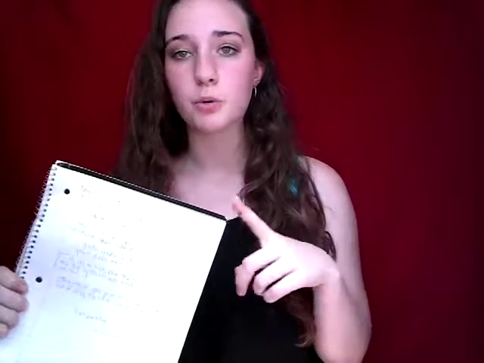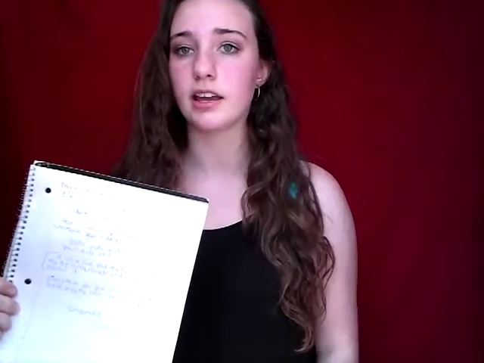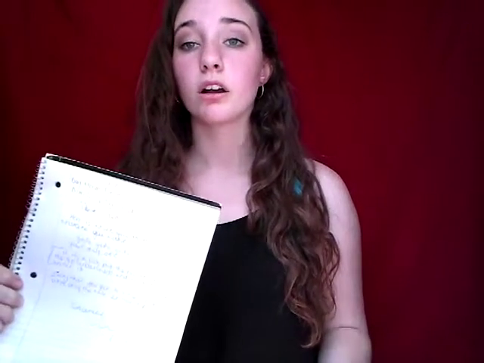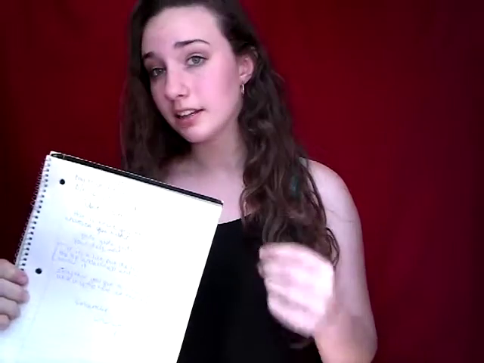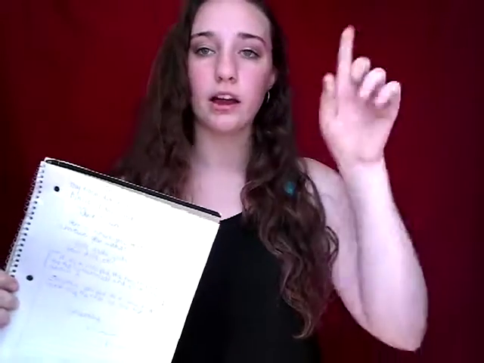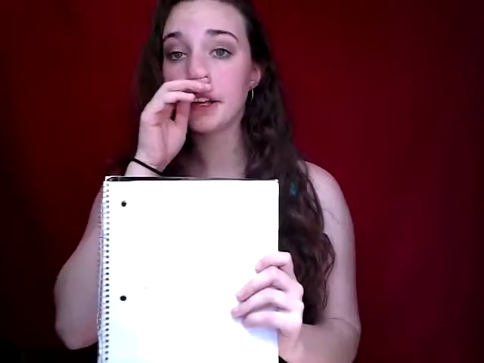I either write today's date, what is it, the 29th? So I would put Friday, June 29th, 2018 or whatever. Or if I'm feeling lazy, I just put 6/29/18, but if I do that, I always put the day.